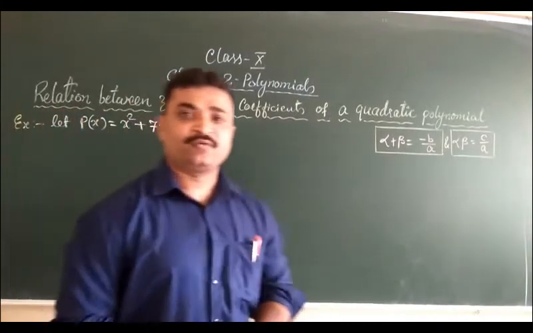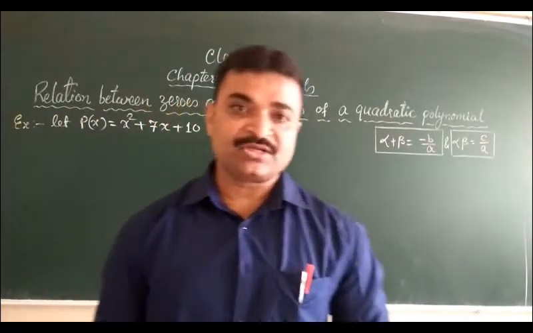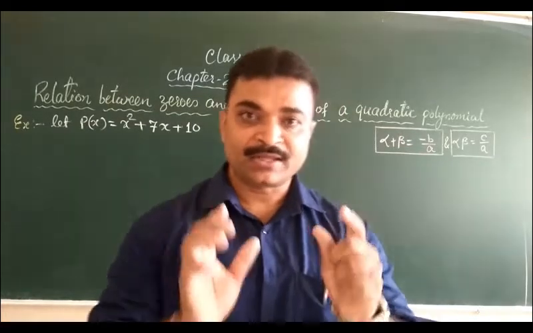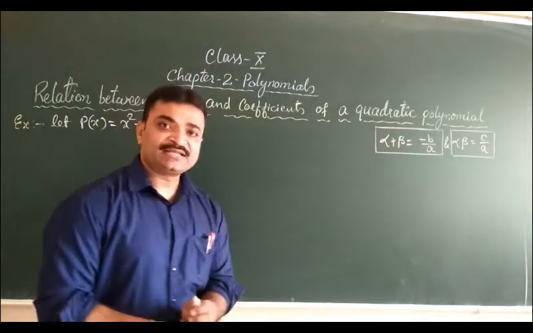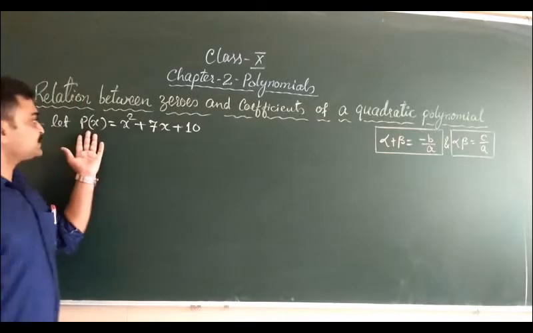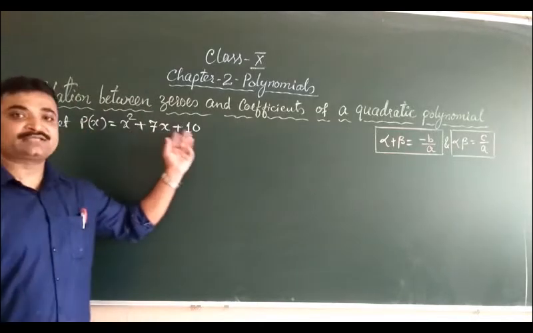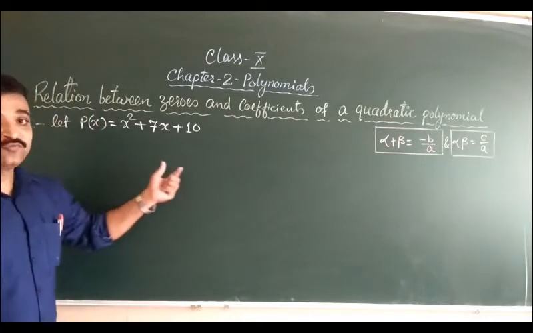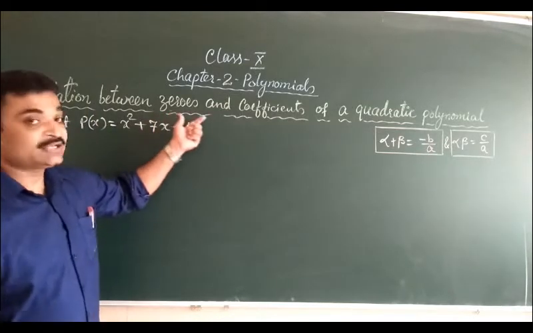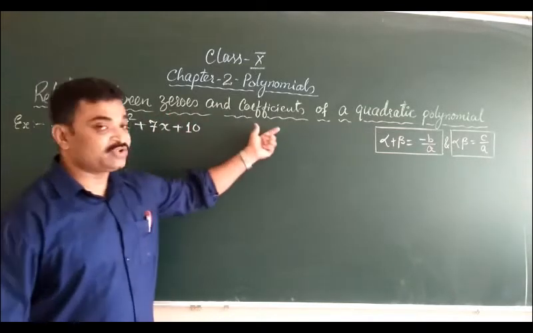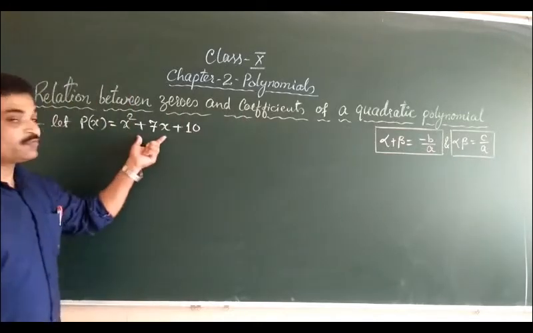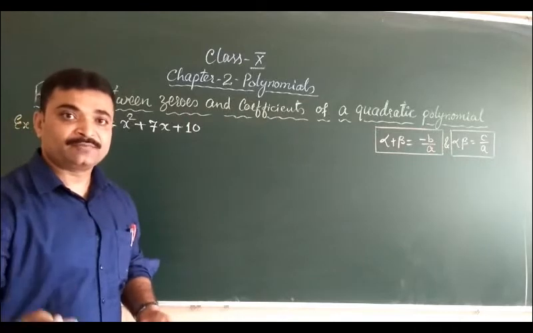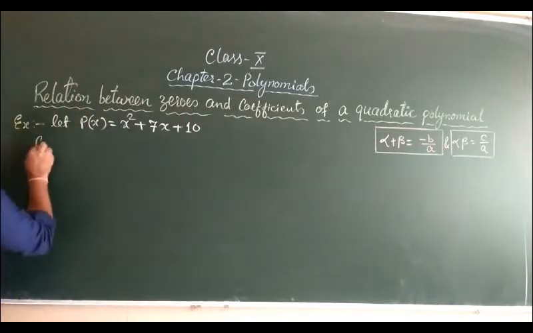Now students, we are going to verify the relationship between zeros and coefficient of quadratic polynomial. So let us take an example, that is p(x) is equal to x square plus 7x plus 10. Now we are going to verify the relationship between zeros and coefficient. So first of all we compare the given polynomial with the general polynomial.